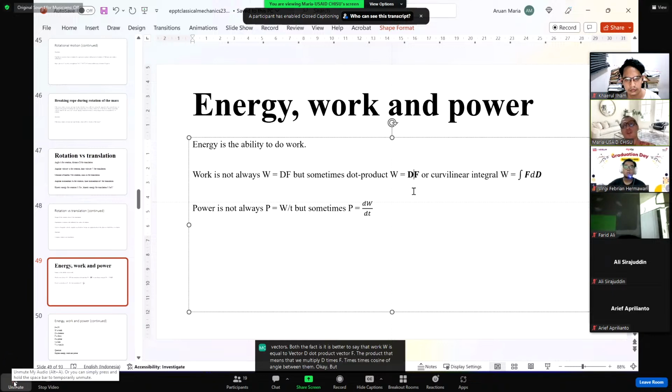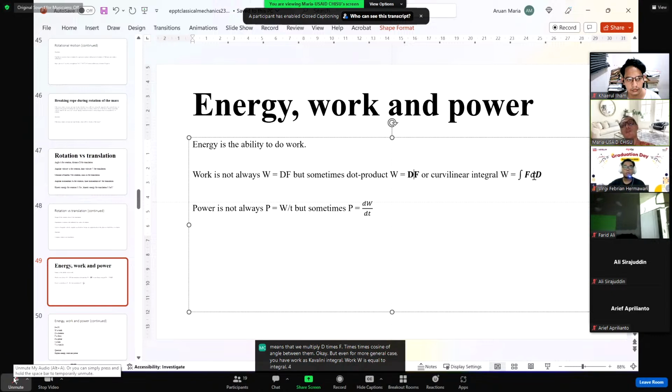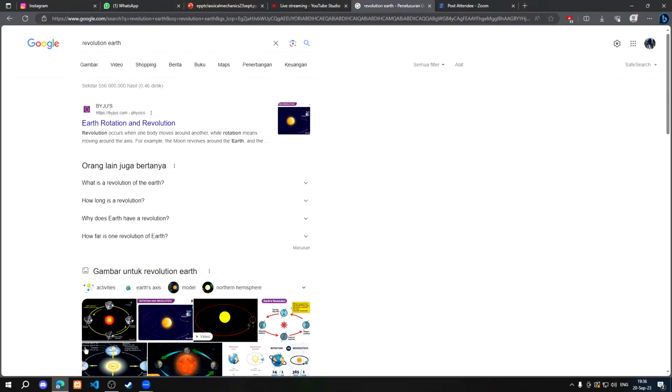But even for more general case, you have work as curvilinear integral. Work W is equal to integral F dD, where F is force and D is distance, capital D is distance.